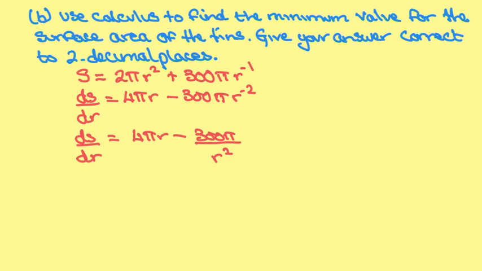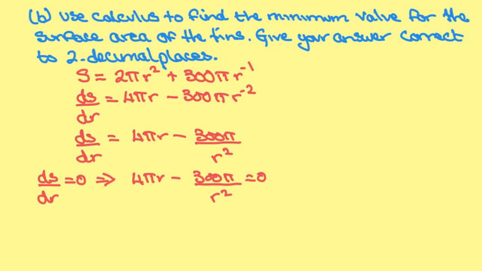In order to minimize, we need to put the differential equal to 0, so dS over dr equals 0. Therefore, 4 pi r minus 300 pi over r squared is equal to 0.